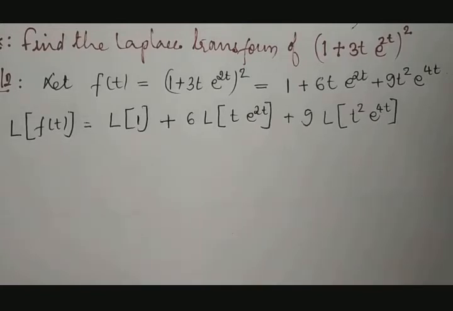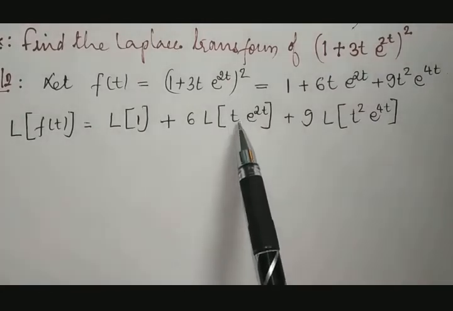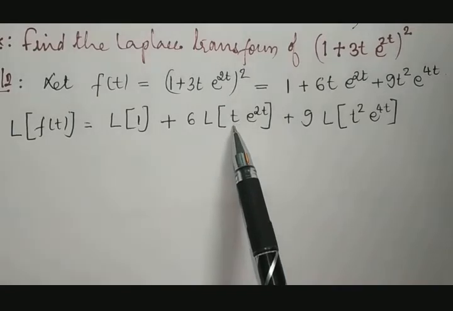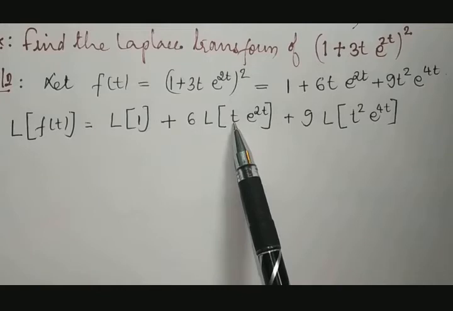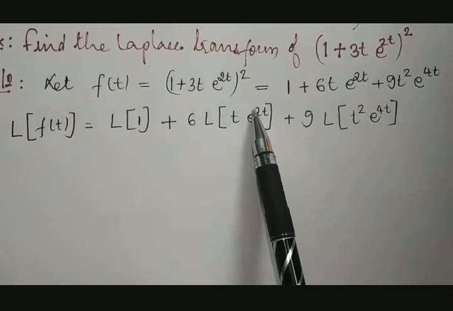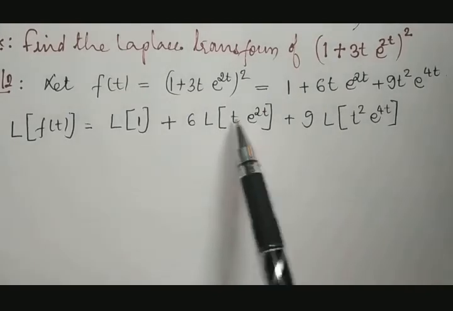Right now we have a property which is known as the shifting property. As per the shifting property, other than the exponential, whatever term is left out will be treated as a function, and we need to apply its Laplace transformation. Then after that, s is going to be replaced by s plus a or s minus a based on its power. If the power is positive, then s will be replaced by s minus that coefficient.